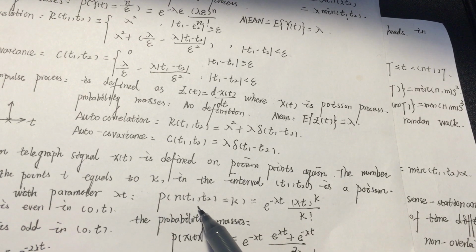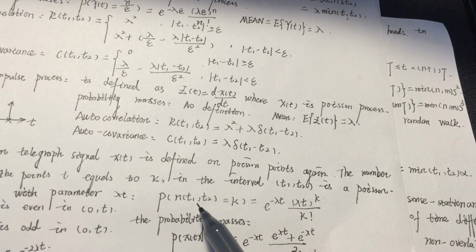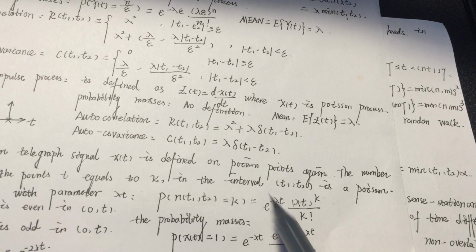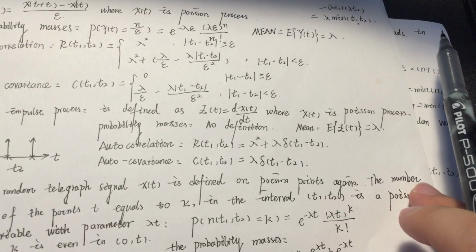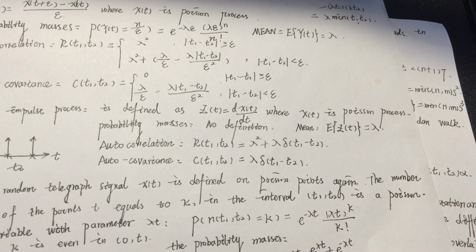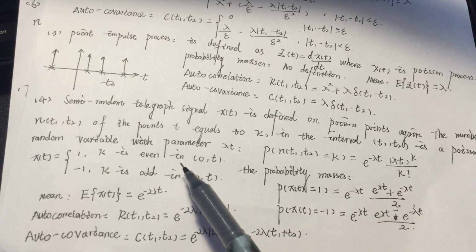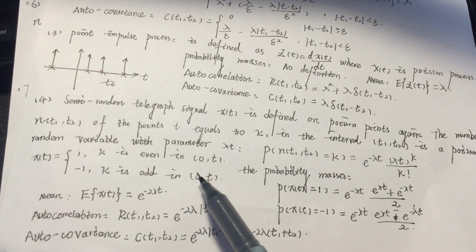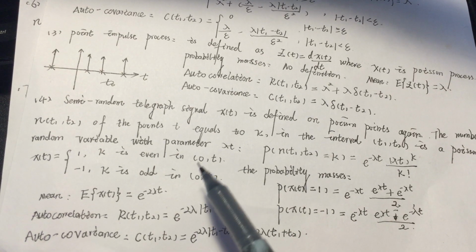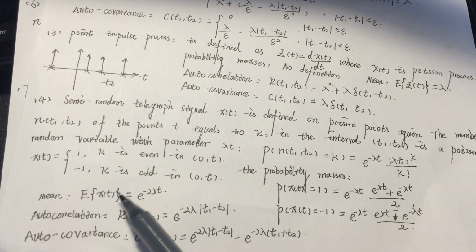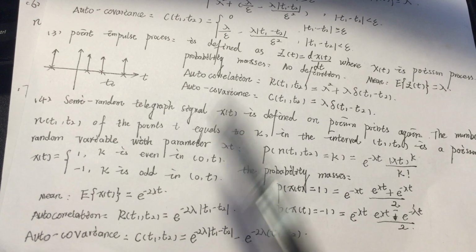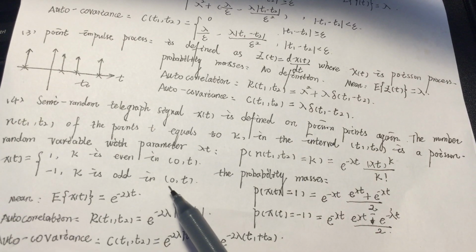Therefore, the probability mass function is the same as the first one, and X(t) equals 1 when k is even in time interval 0 to t, and X(t) equals -1 when k is odd in time interval 0 to t.